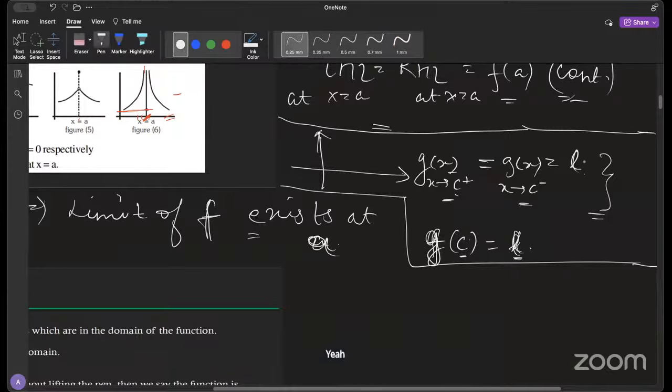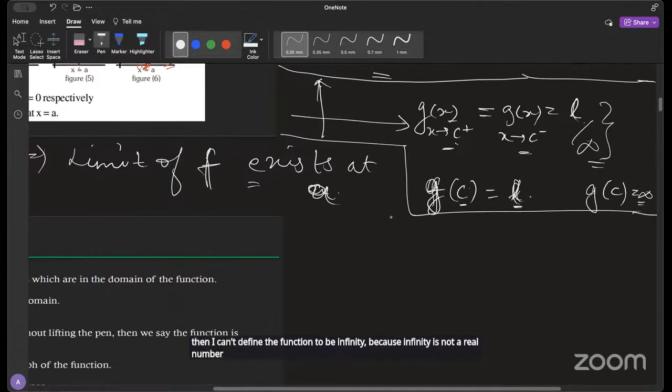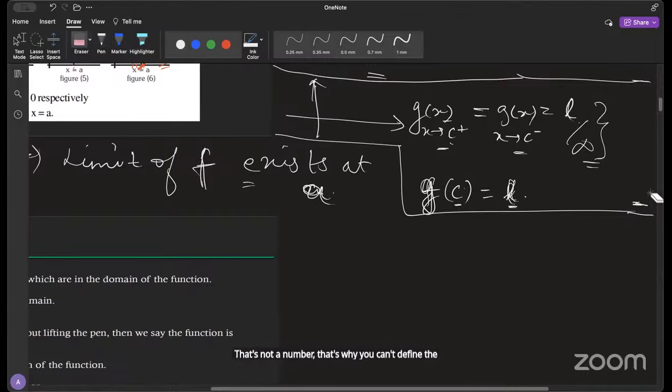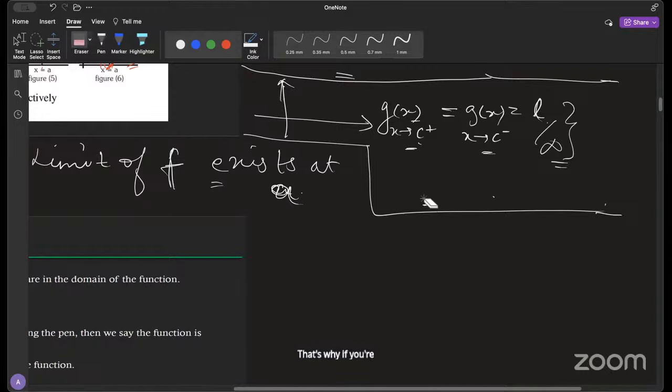So let's say if instead of L, you have infinity here, then I can't define the function to be infinity because infinity is not a real number. That's the problem. It's a limit, right? That's not a number. That's why you can't define the function to be infinity at any point. So if you already know that one of the limits is infinity, then it can never be continuous at that point.